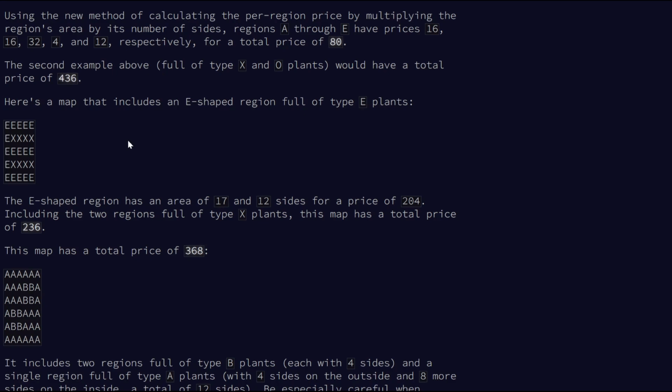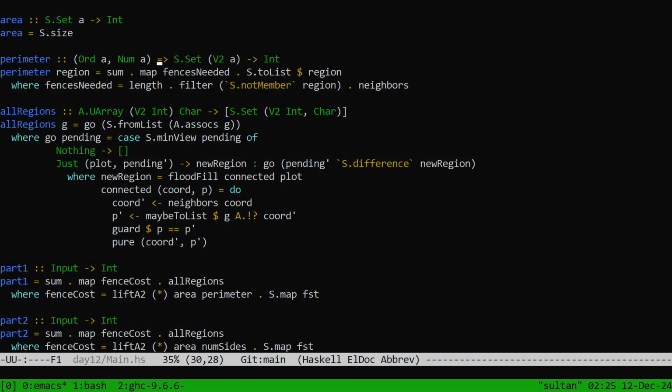I think that idea makes sense. I think that would give us the right answer. The details of implementing it are not yet completely clear to me, but I think that's enough to get started. I think I've finally got an idea of something that could work if I implemented it right.